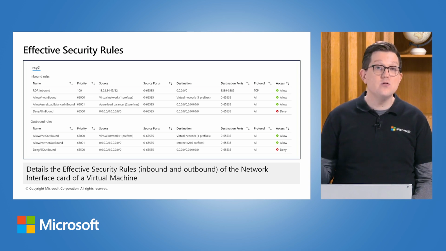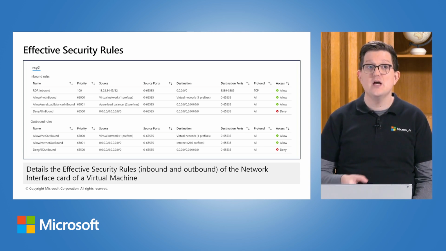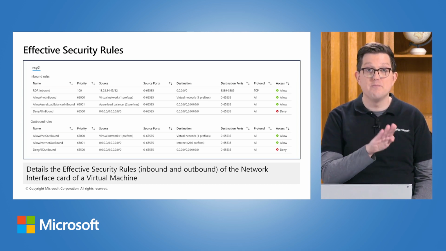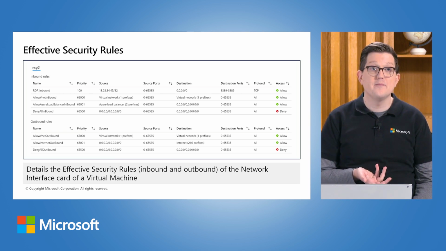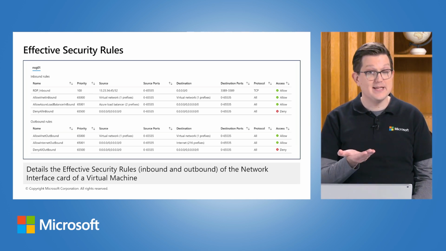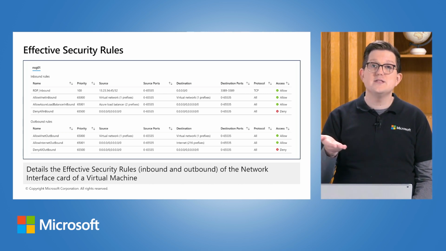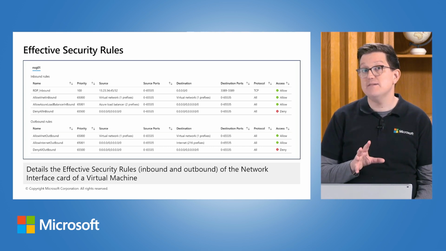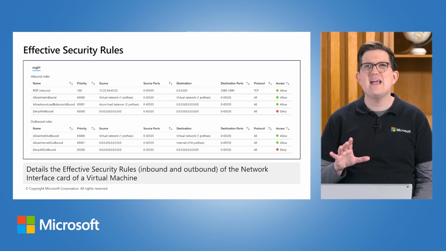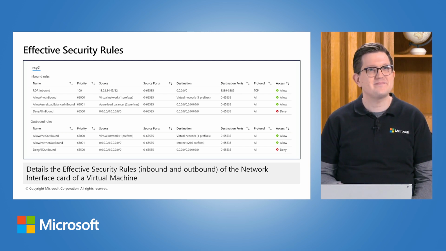If this is something that your organization is doing, or you're finding places where this occurs, effective security rules simply grabs the network security groups from both of these locations and it combines them together. It lets you know, as it says right on the tin, the effective security rules. This is a great way to just double check that NSGs are working in the way you're expecting and that something isn't behaving in a way that's not ideal.